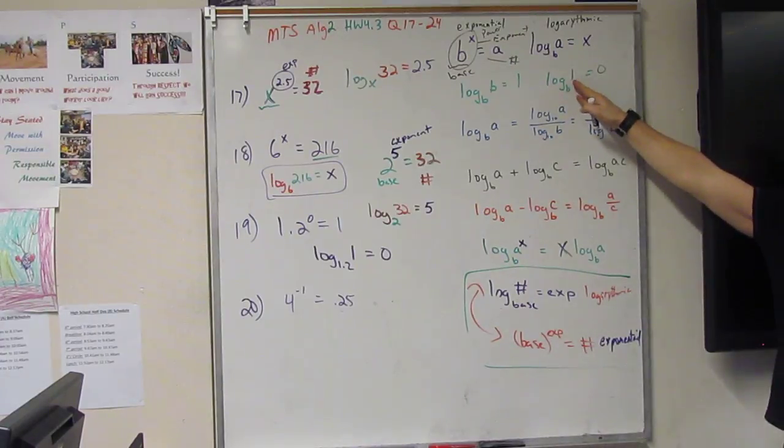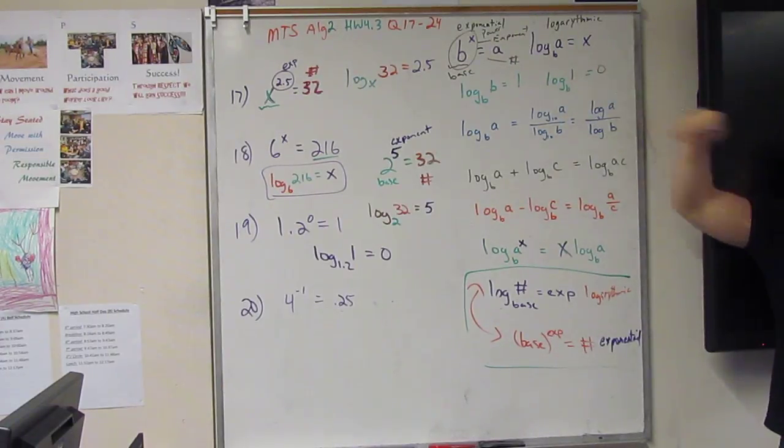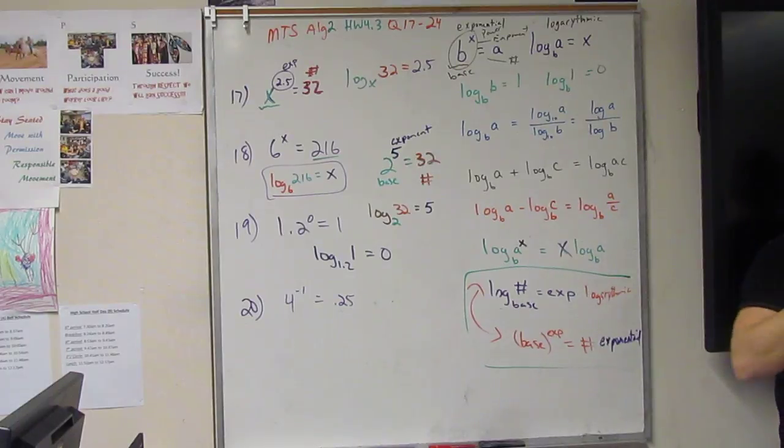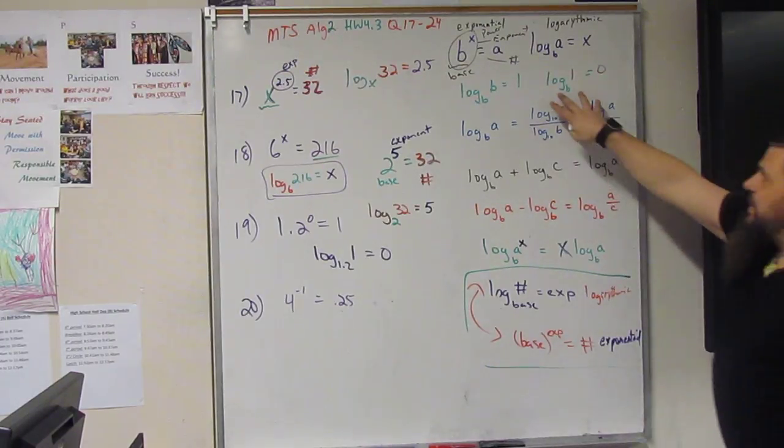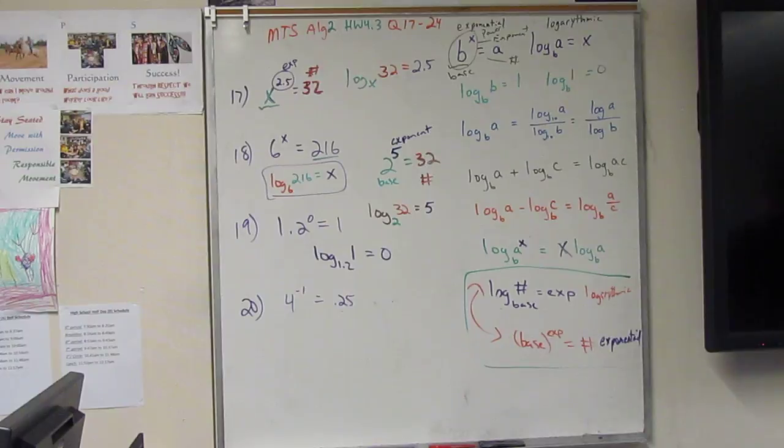If it's the log of 1, it's always going to be 0. The log base 15 of 1 is going to be 0. That's a rule to keep in mind, because when we're manipulating these logarithms later on, they're going to use these to try to trip you up. They'll make a problem look harder than it is. So this is huge.